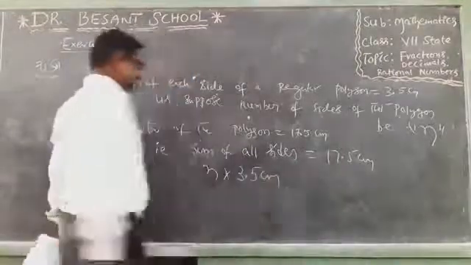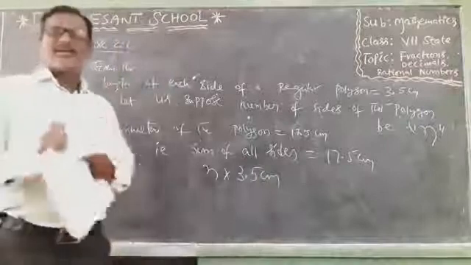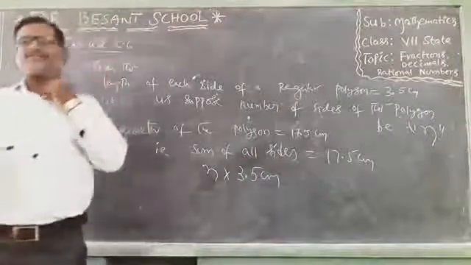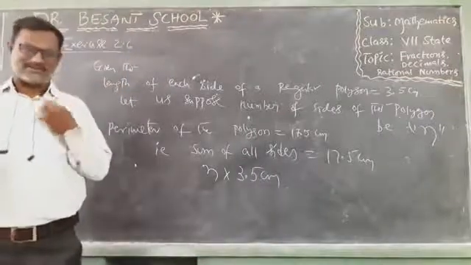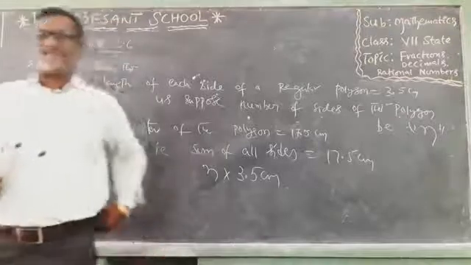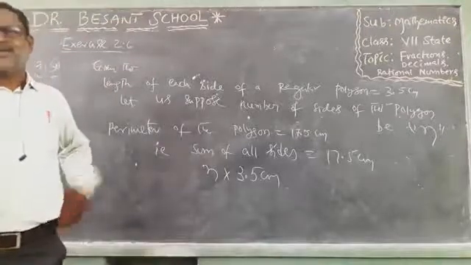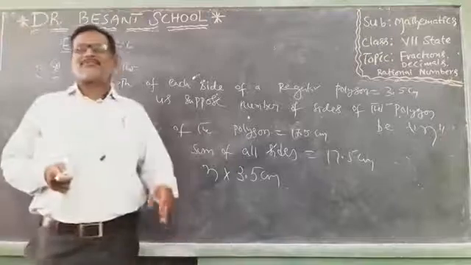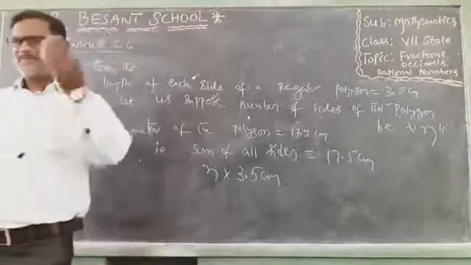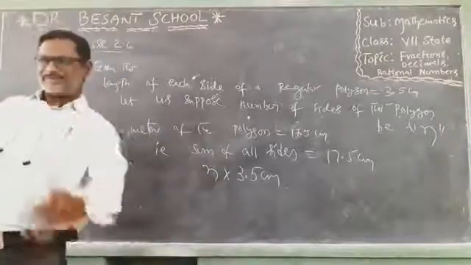So perimeter means n into 3.5 centimeters. If 2 sides are there, 3.5 plus 3.5, that is 2 into 3.5. If 3 sides are there, perimeter means 3 into 3.5, that is 3.5 plus 3.5 plus 3.5. If 4 sides are there, perimeter means 4 into 3.5, that means 3.5 plus 3.5 plus 3.5 plus 3.5.